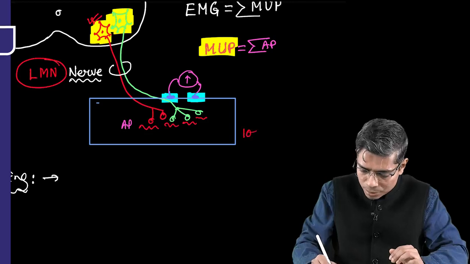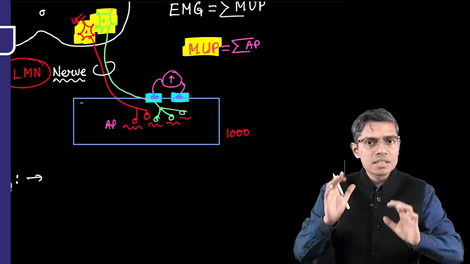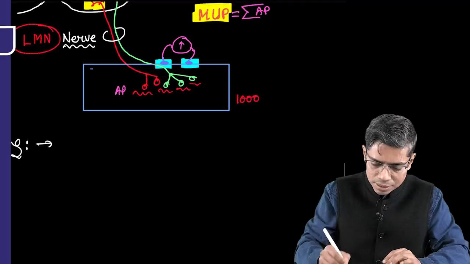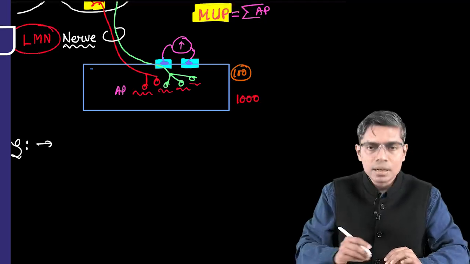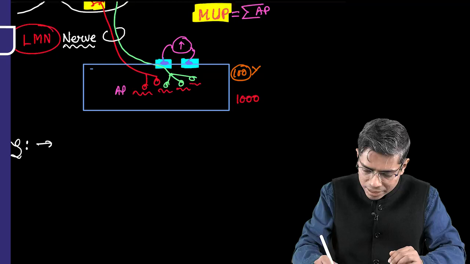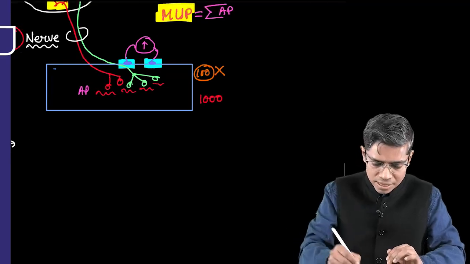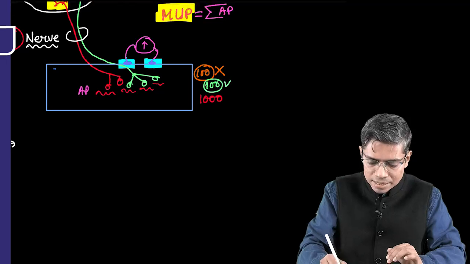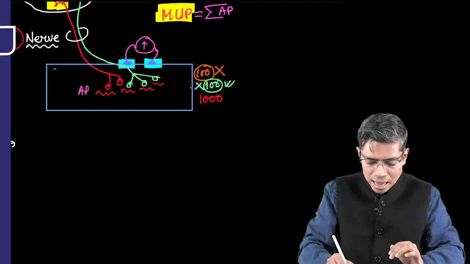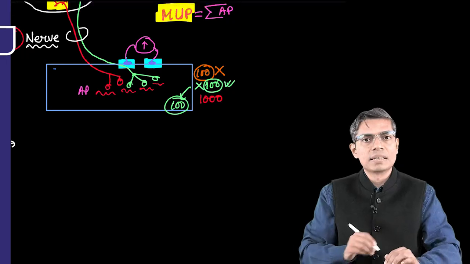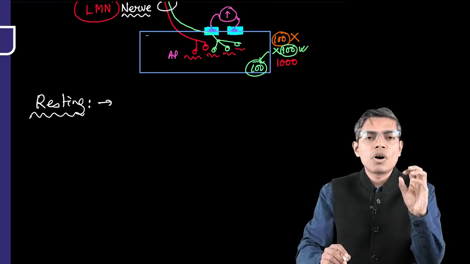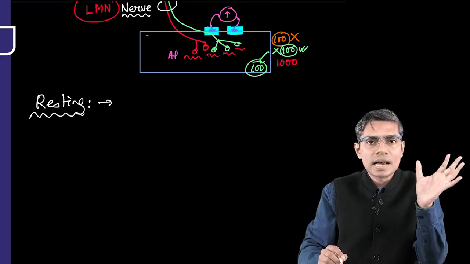Suppose this muscle contains 1000 motor units. Within these 1000 motor units, in resting condition, some of the motor units will always remain in an active state. Suppose 100 motor units are active in the resting stage. Then after a certain point of time, these 100 motor units will rest and another 100 will be activated. Then again these will be given rest and another 100 will be activated. That means even in the resting condition of the muscle, some of the motor units are always active.